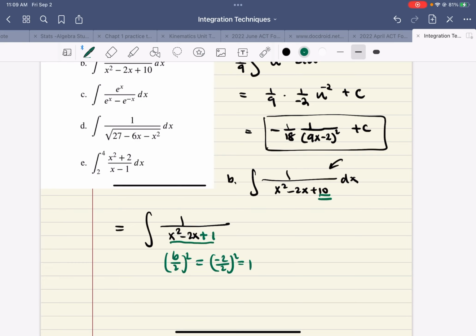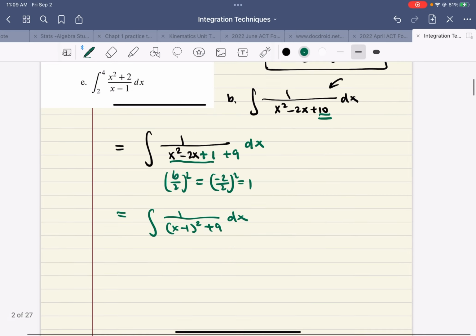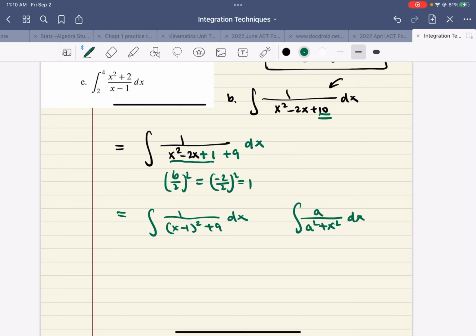So up to here, you can complete the square. But since it used to be 10, you have to add the 9. Okay? So then now you can complete the square: 1 over x minus 1 squared plus 9 dx. Now, if you memorize this formula, the integral of 1 over a squared plus x squared dx is 1 over a times inverse tangent of x over a plus c.